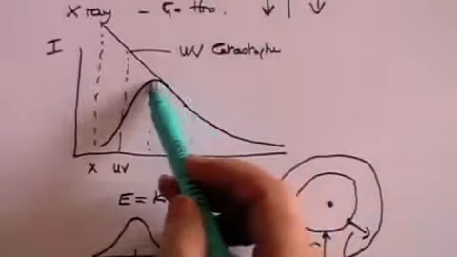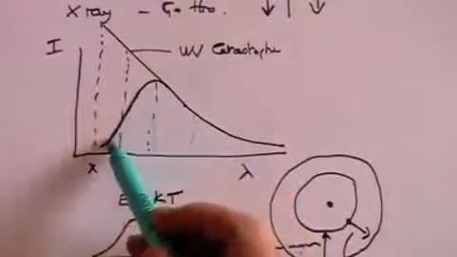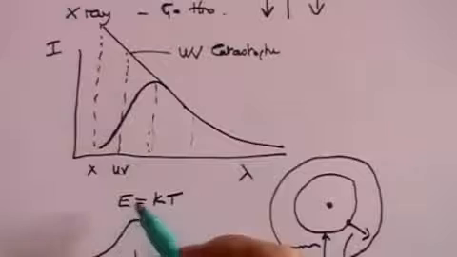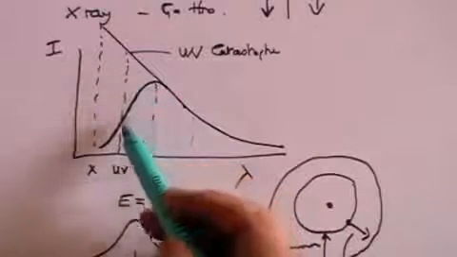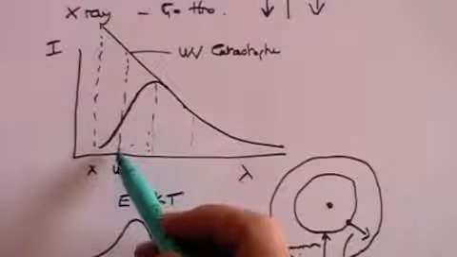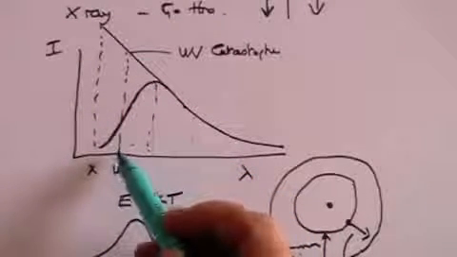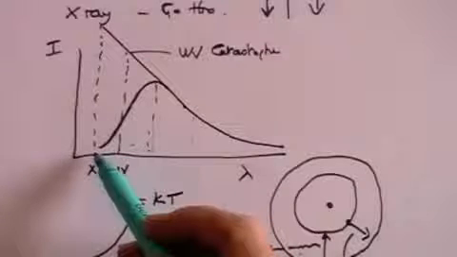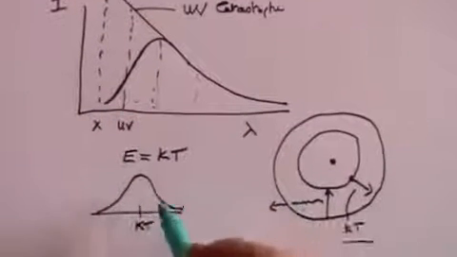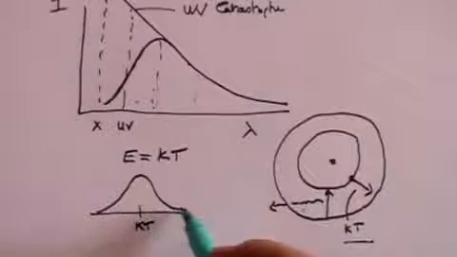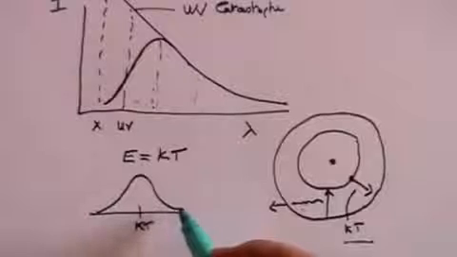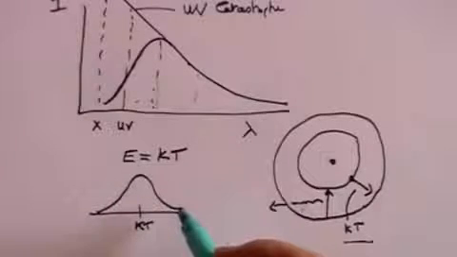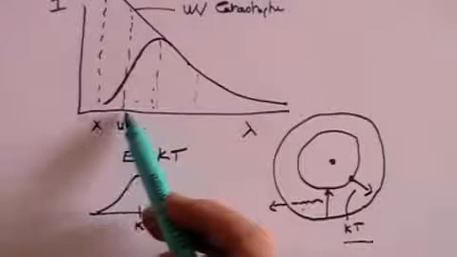And consequently, this falls off. So yes, when your electric fire comes on, it's very possible that you will find a photon in the ultraviolet range or in the X-ray range. But the probability of them being there is in this region. Very low probability. So there's just the odd photon in the X-ray or the ultraviolet range.